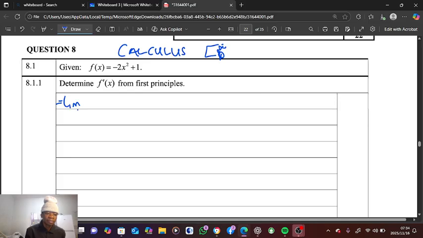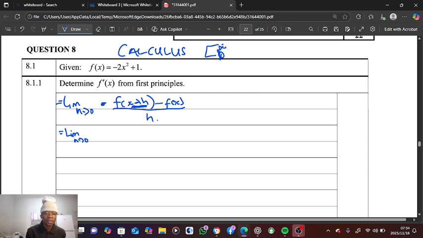The limit as h approaches 0 of [f(x+h) - f(x)] divided by h.